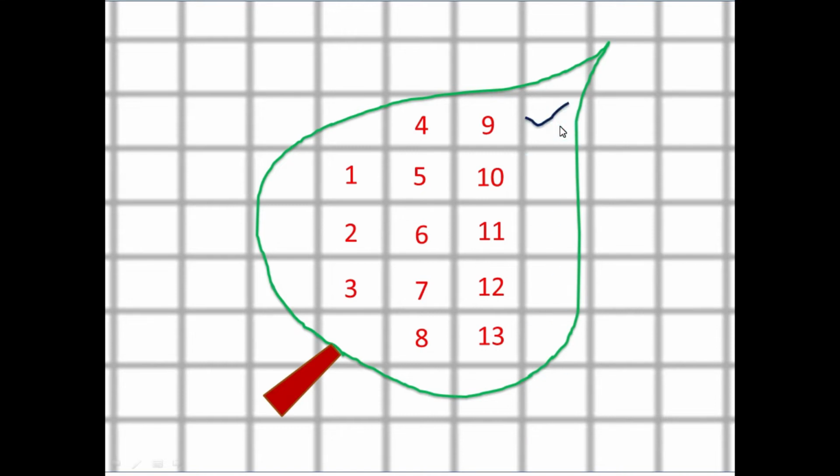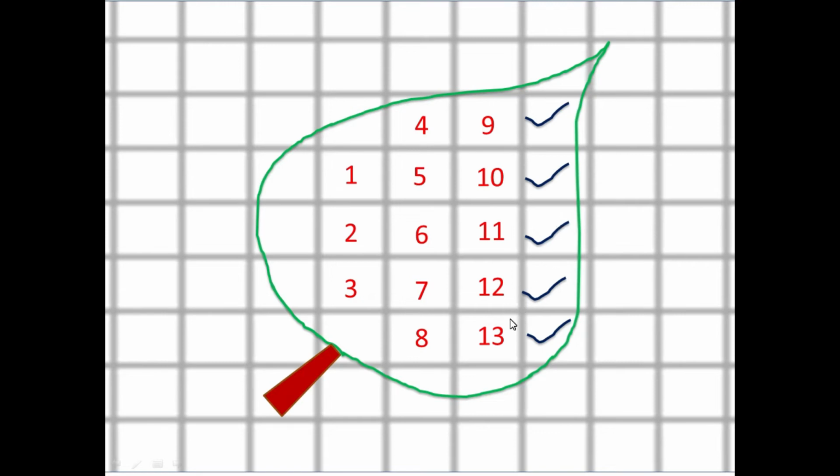So I will put a tick over here. Same way I will put a tick here and a tick in this box also, and this one also. So 5 boxes you can see here are such that more portion is lying inside the leaf boundary and very less portion is outside the leaf's boundary.